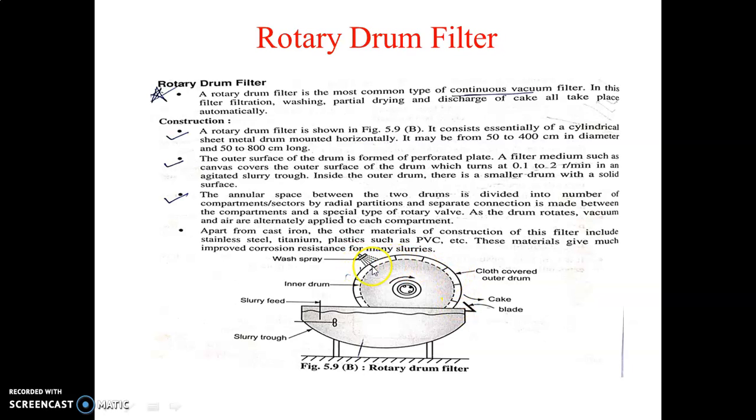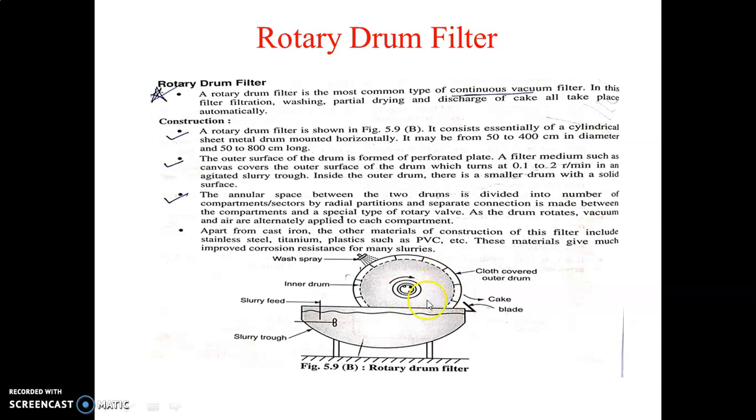If we look at this point, it shows the different compartments. Separate connections are made to each compartment. For this there is a pipeline, and this section has another pipeline.